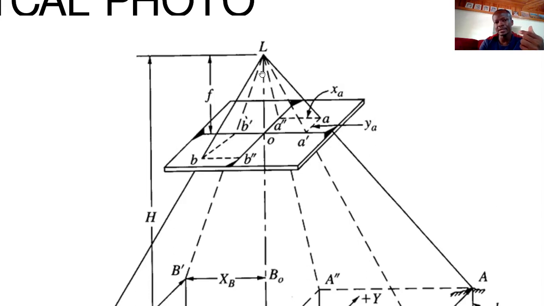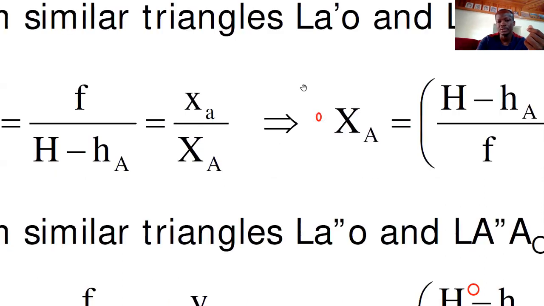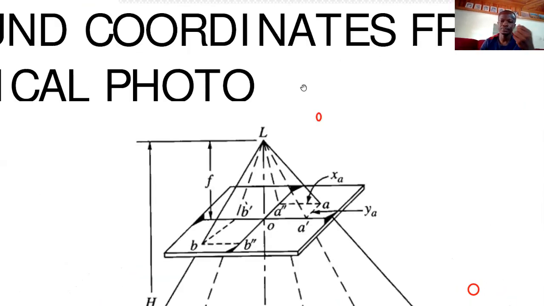Let's look at point A. So point A is actually the image of ground point A. All right. Now where's the lens? This point represents the lens, the point up here. Okay, there you go.